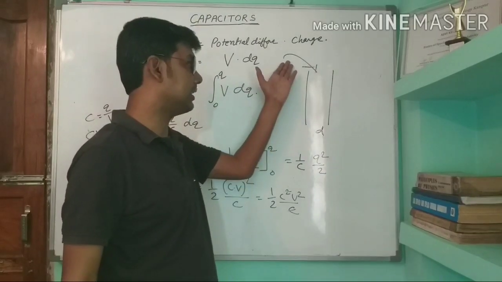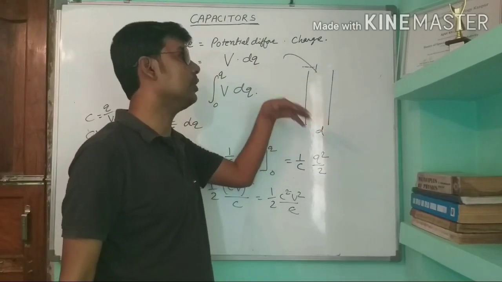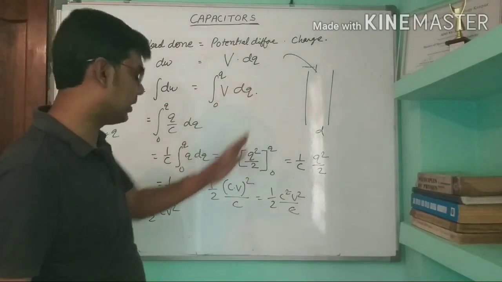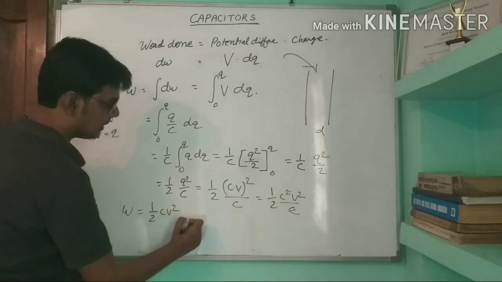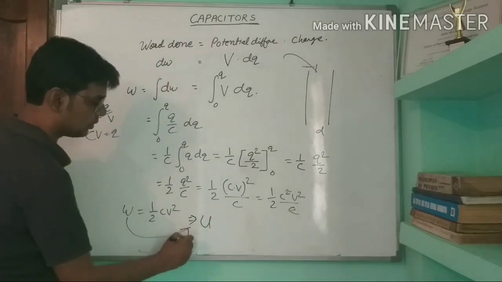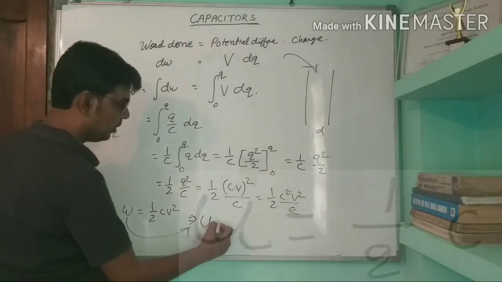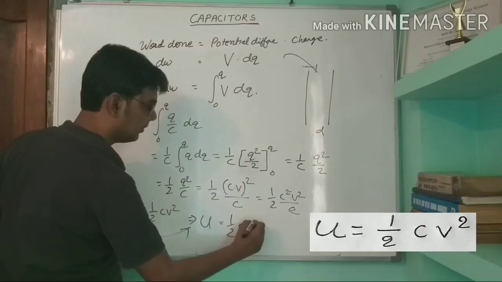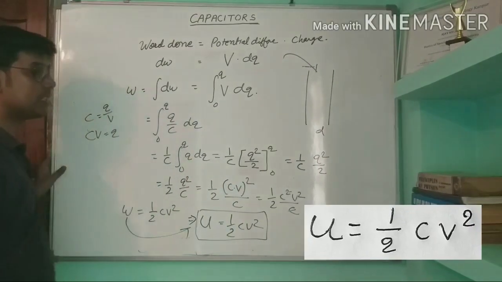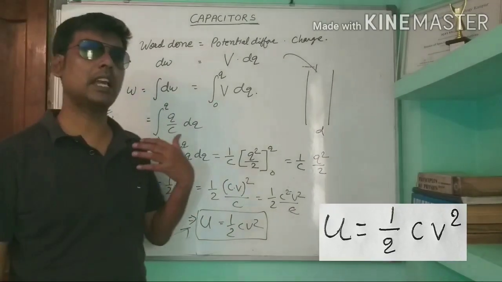So the static energy it can store is the amount of work done by the charge to store in it. So work done is equal to energy. So energy U equals half CV square. So this much amount of energy a capacitor can store.